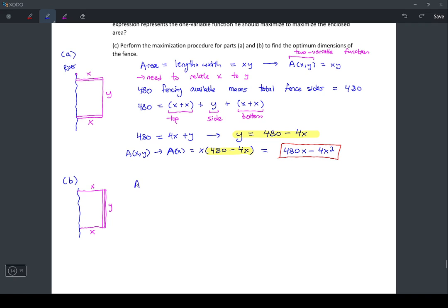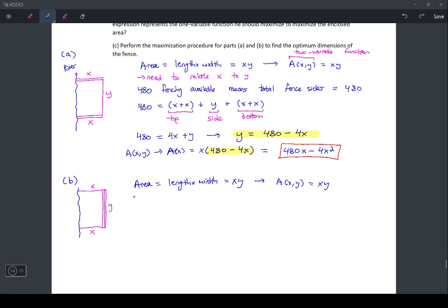Okay, our area is still length times width, equal to x times y. So our two variable function, A of x comma y, is still xy.